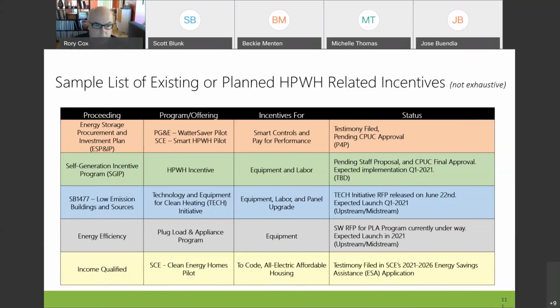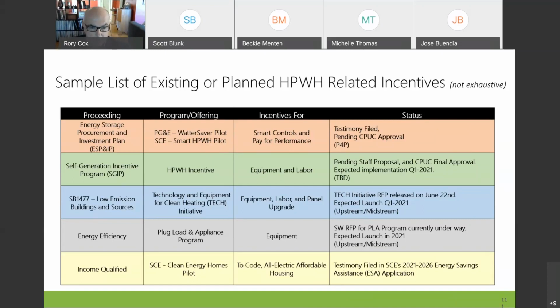Both PG&E and SCE have smart control and performance programs to add controls to water heaters. We have the S-chip program with heat pump water heater incentives. We have the build and tech programs. And then under the EE proceeding, we have the plug load and appliance program.